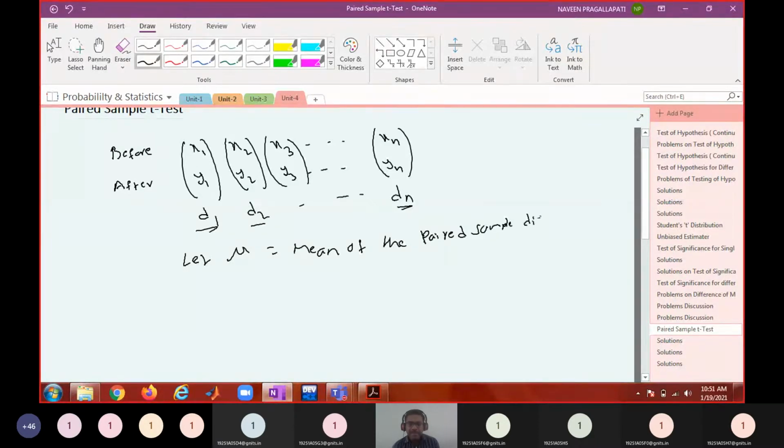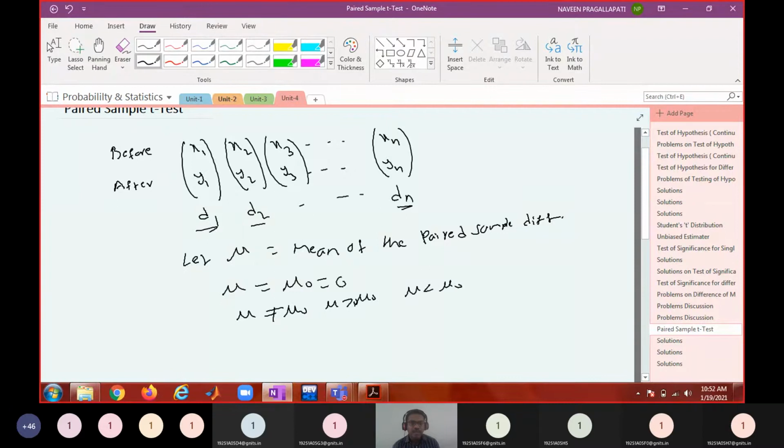Then we'll check whether this mu is equal to 0, or say mu equal to mu naught, against mu not equal to mu naught, or mu greater than mu naught, or mu less than mu naught.